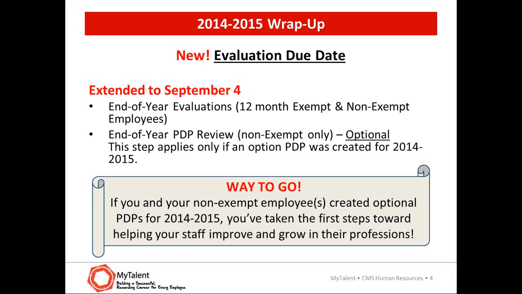Of course, we had the optional PDP for our non-exempt employees this year. So if you started and worked with your employees on a PDP, then congratulations to you. You've gotten a step and gotten some work done, so you'll be familiar with it for 2015-16.